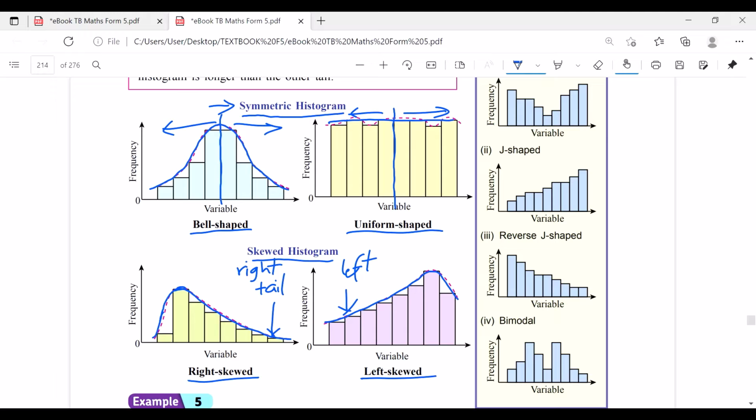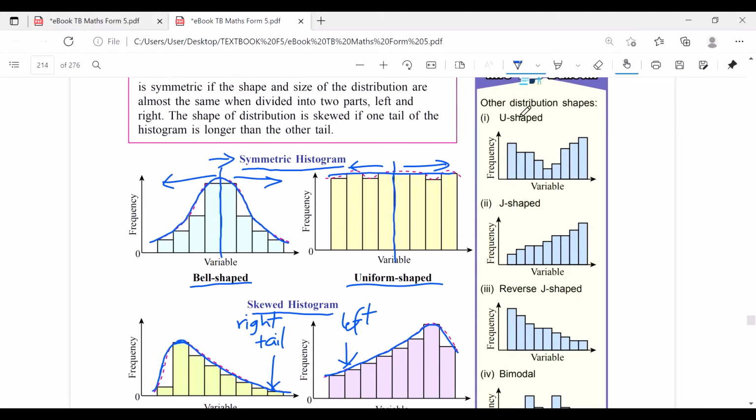Okay. So a few more here. Other distribution shapes. You have a U shape. Different from the bell shape. And then this one is J shape. The frequency will go up to this highest peak and then stop. So J shape.